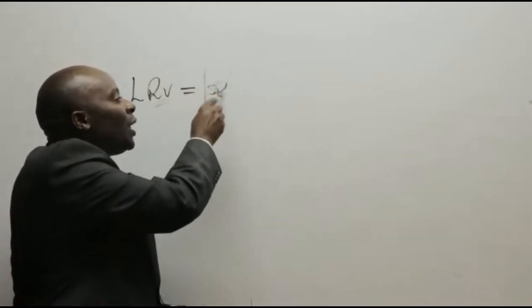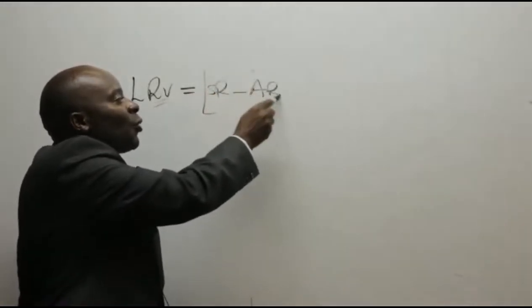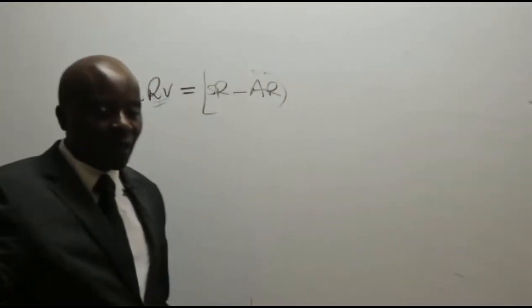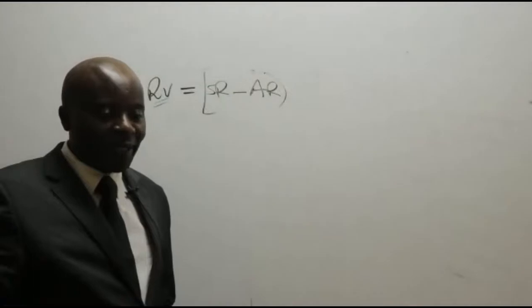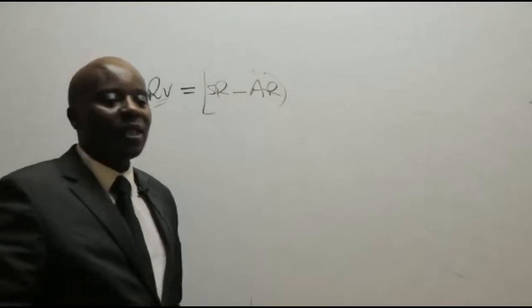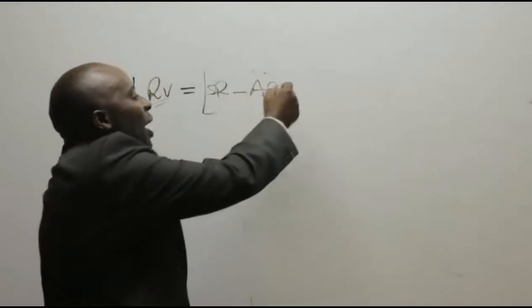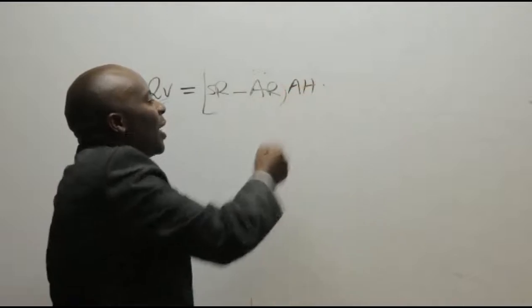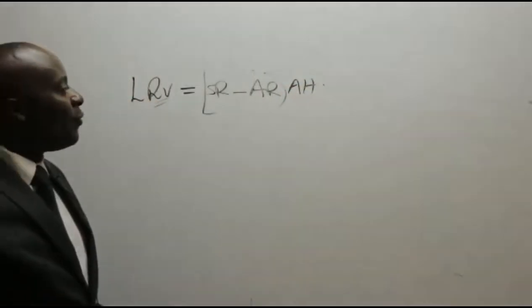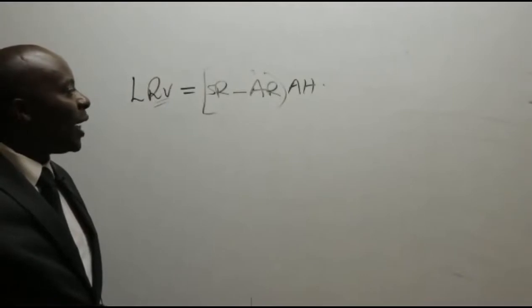We have the standard rate per hour, and then of course we have the actual rate per hour that will be obtained. And outside here we have what we call the actual hours.